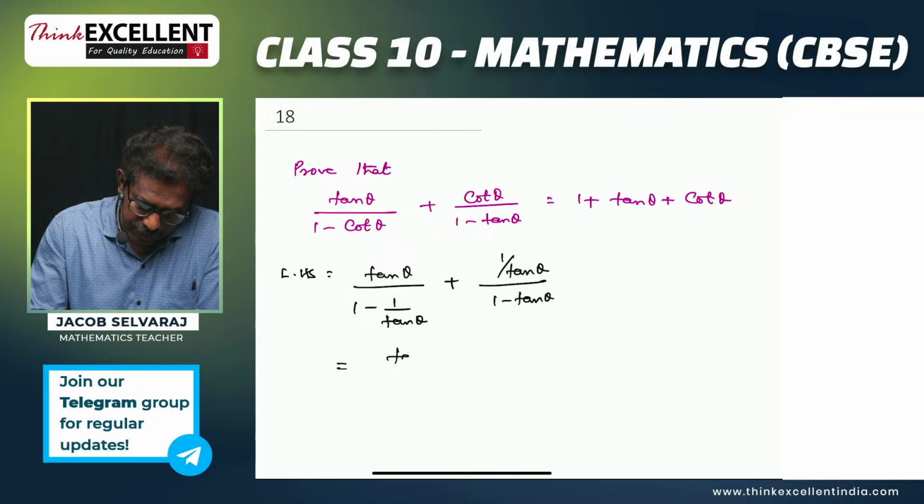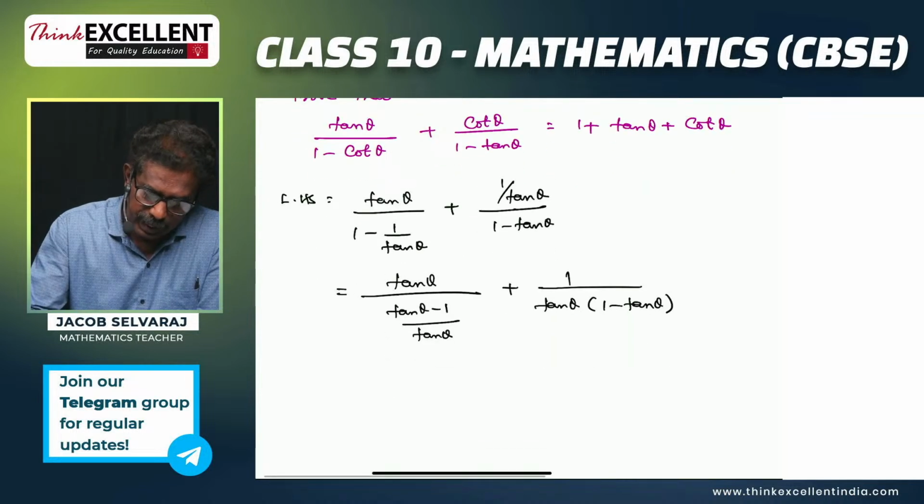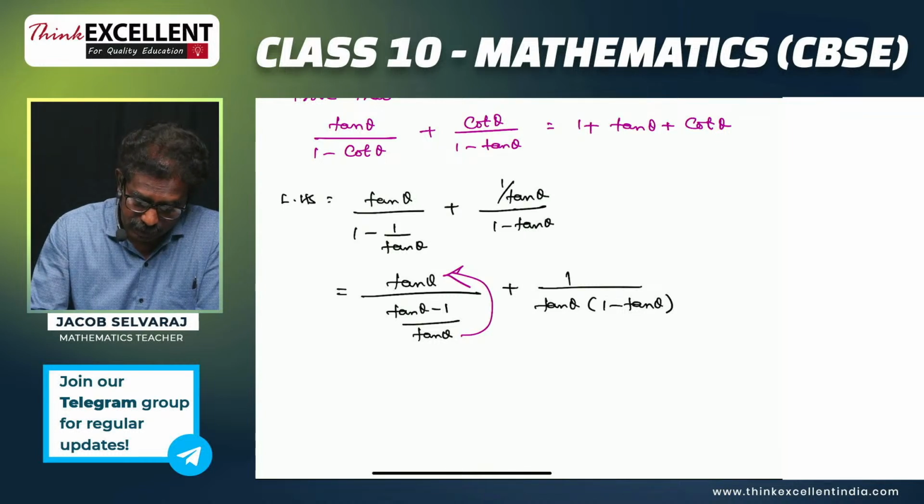So tan theta by, here you take tan theta LCM, you are getting tan theta minus 1. Plus this is 1 by, the tan theta will come down, tan theta into 1 minus tan theta. Here, this tan theta has to go up. So tan theta into tan theta is tan square theta, tan square theta by tan theta minus 1.